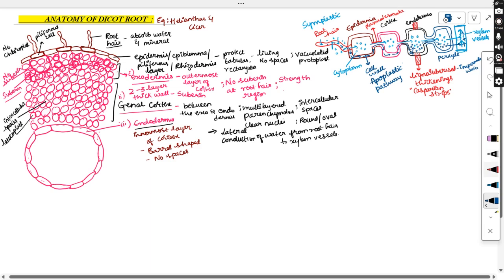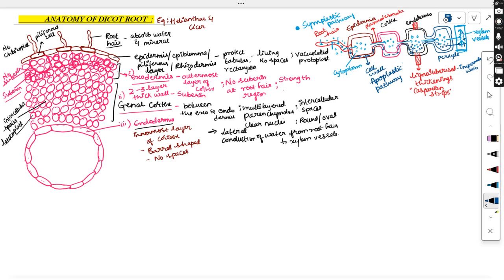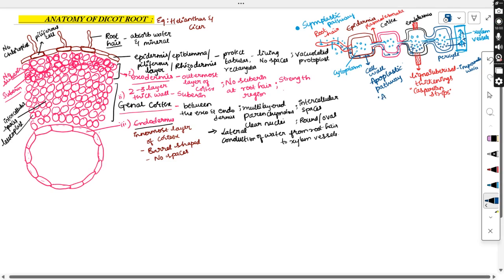So the water takes two different types of pathway. One is the symplastic pathway, or in general the symplast, where the water is transported through the cytoplasm of all the cells. The other is the apoplastic pathway, or apoplast, where the water is transported through the cell wall.